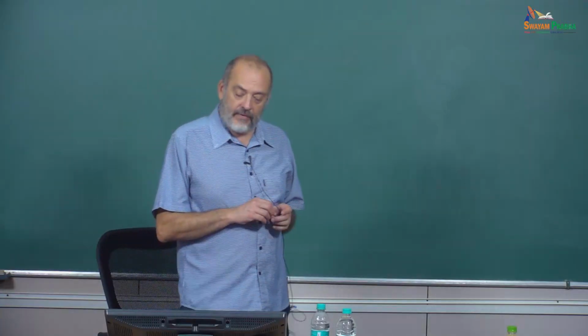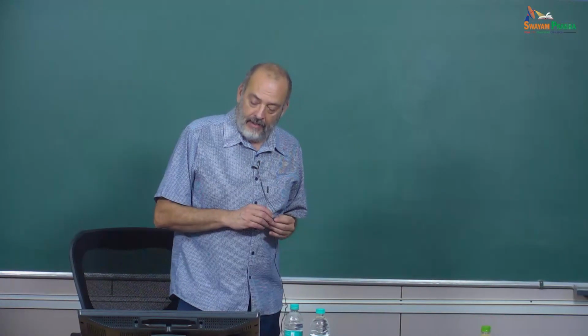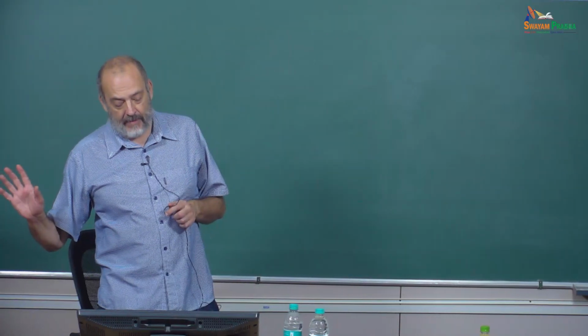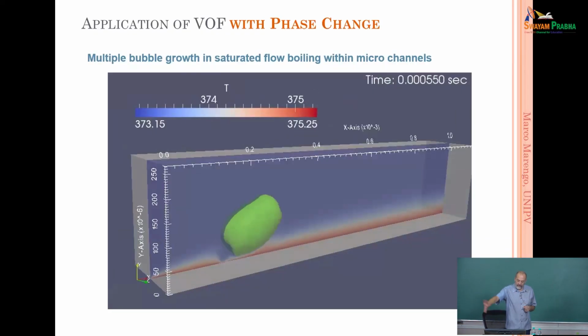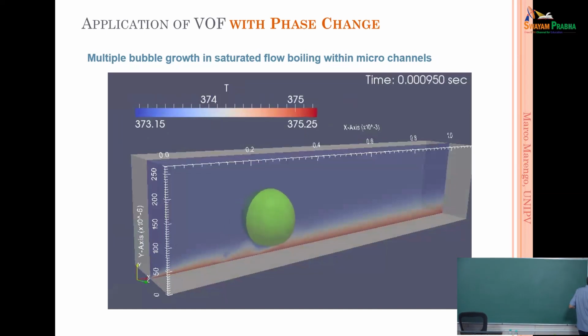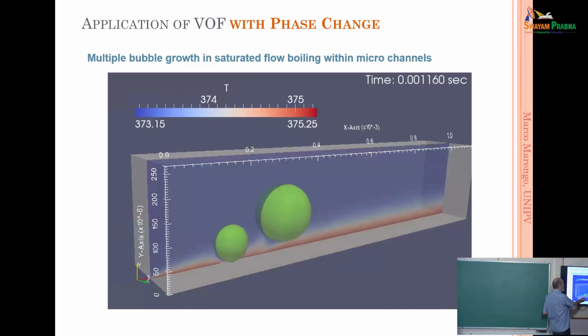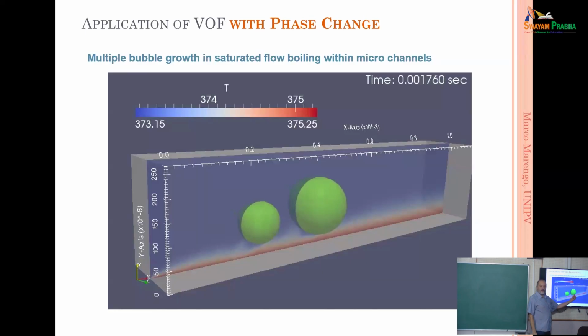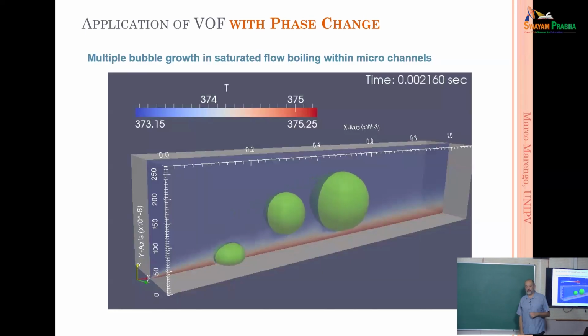And this is, for example, the formation of a bubble inside the channel. There is a little bit of flow from the left to the right, and we are forming bubbles. The bubbles are growing, and then they move with the flow. Of course, each one is going to decelerate because of the drag, and so the next one is going to catch up with the first one.